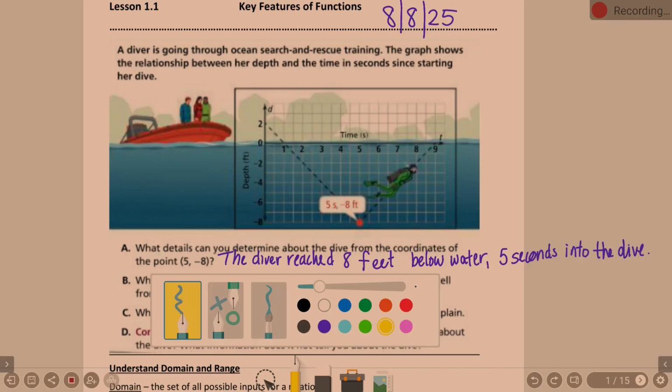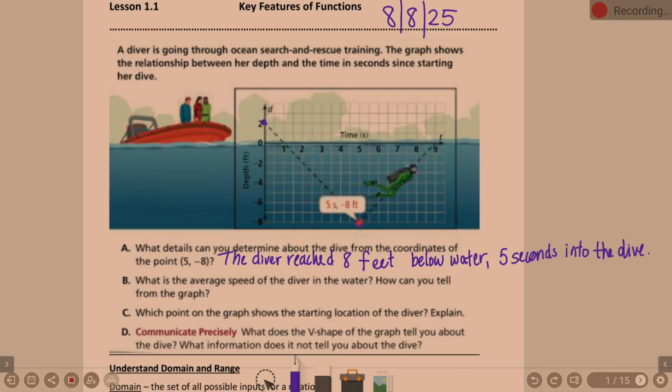Actually, she started up here and traveled down there. Okay, and so that's where I was waiting for that extra piece of information to be pointed out here, that she didn't just travel 8 feet in 5 seconds. She technically started at the boat, right? Started at the boat, which puts her 2 feet above the water, according to this.